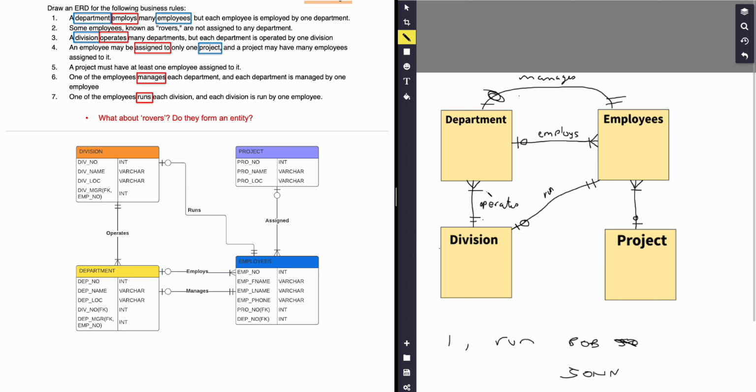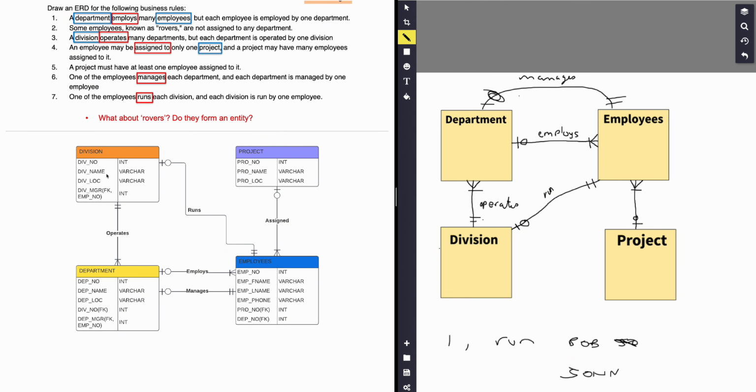If they say no, then this becomes optional. If they say yes, then this becomes mandatory. So assumptions are fine to make while you're practicing this. Just remember, sometimes your assumption might be different to mine. So these particular participations here might be different if the information is not specifically specified or is not completely transparent. Okay, so as you can see here, we've pretty much got the same layout.